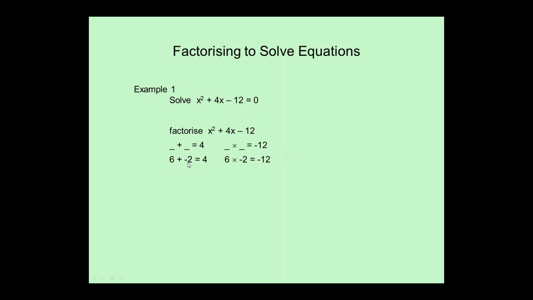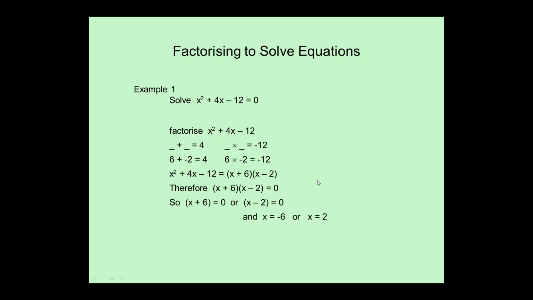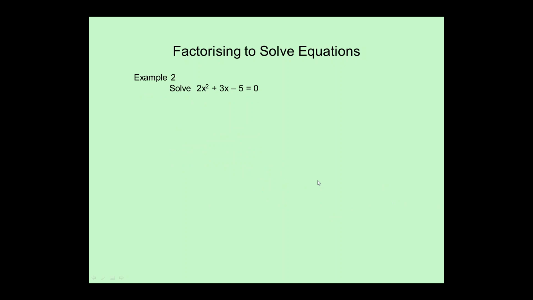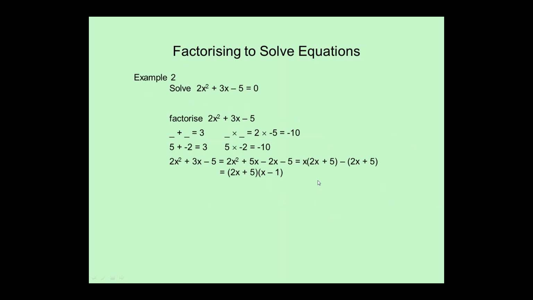There's 6 plus minus 2 is 4, and 6 times minus 2 is minus 12. So that's gone straight into the brackets, and then it solves it.